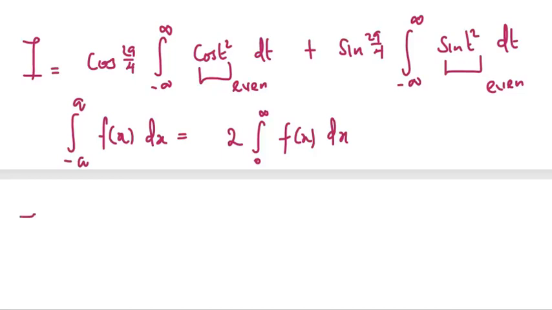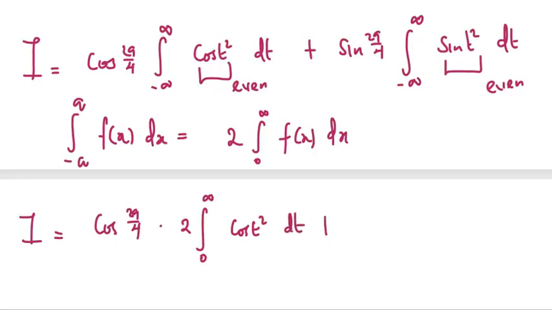So using this here, our I is going to be equal to cosine of 29 divided by 4 multiplied by twice the integral from 0 to infinity of cosine of t squared dt, plus sine of 29 divided by 4 multiplied by 2 times the integral from 0 to infinity of sine of t squared dt.